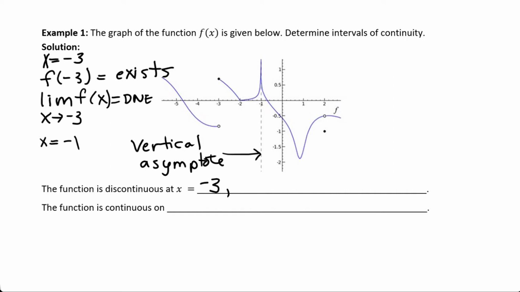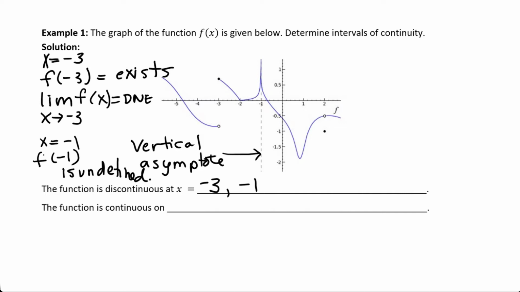That would be the x value that makes the denominator 0. And so we start with the function evaluated at -1 is undefined. And since all three parts have to be satisfied, the fact that the first one is not satisfied tells us the function is discontinuous at -1 as well.